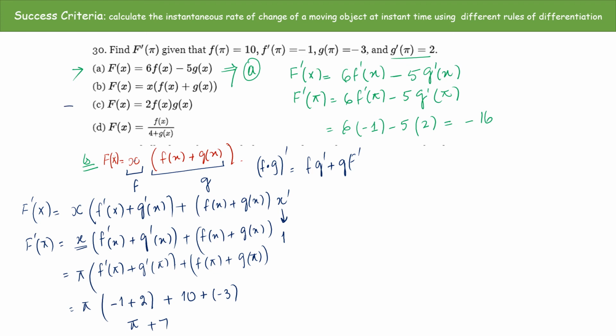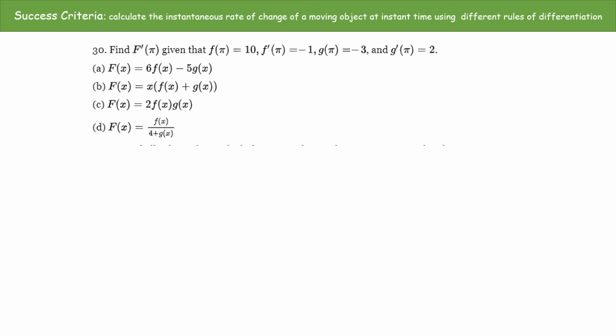Let's try to solve the C part also. Let me erase all the parts so that we can see how we can solve the other part. In order to solve the third part, you can see that this is again the product rule.